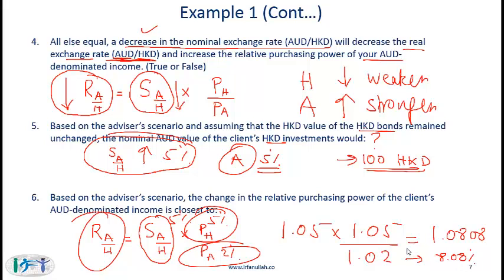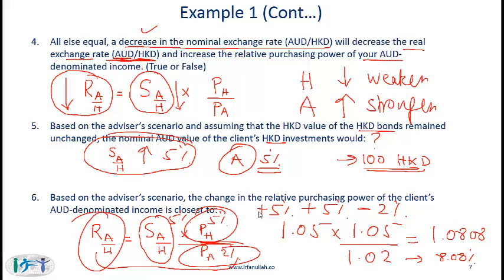8.08%. What the curriculum does is express this relationship as a linear approximation, and that linear approximation says that the spot rate is up by 5%, so you do plus 5%. The price level in Hong Kong is up by 5%, so you add 5%. And then the price level in Australia is up by 2%. So since this is a division, when you do a linear approximation, the division is represented as a minus 2%.